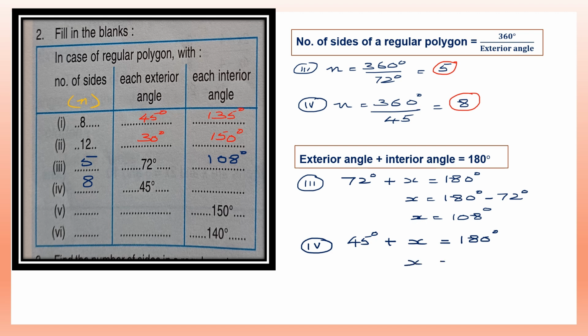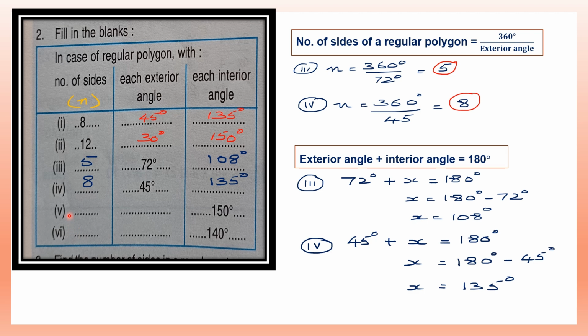Therefore, x will be equal to 180 degrees minus 45 degrees. And how much is that? x is equal to 135 degrees. So let's write it here. So here we need to write 135 degrees. So we have found the answer to 1, 2, 3 and 4.